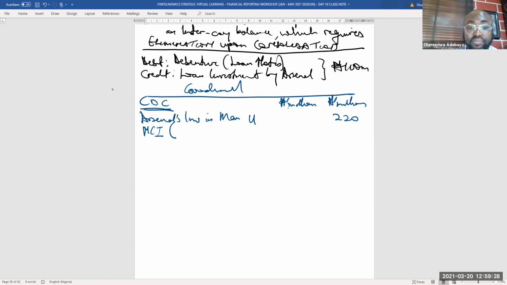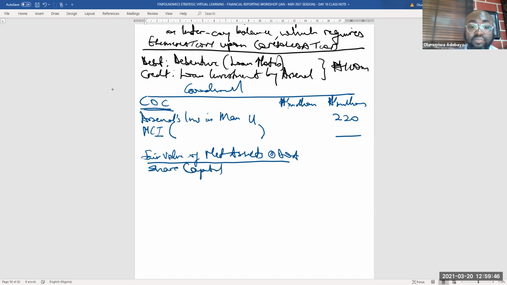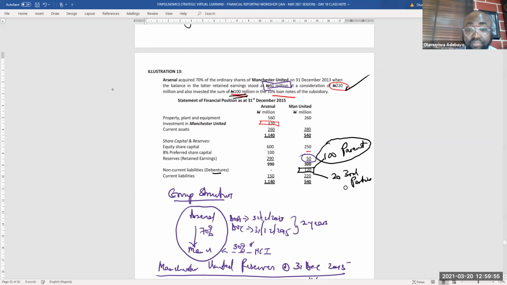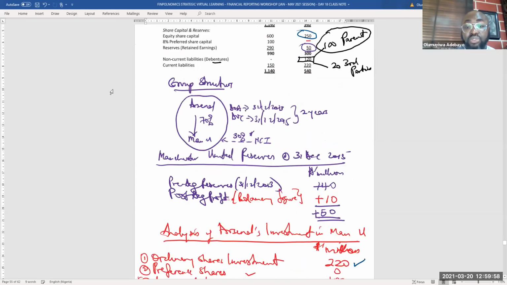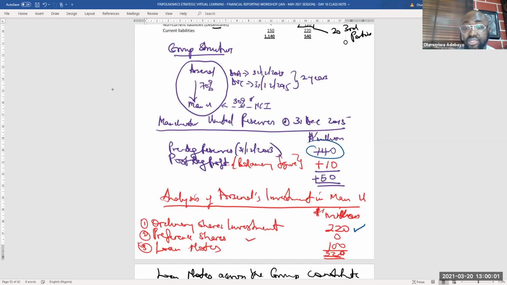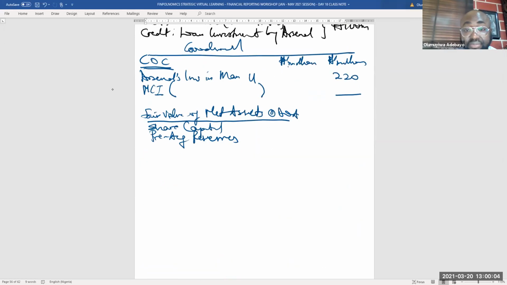NCI. Fair value of the identifiable net assets as at date of acquisition: share capital and pre-acquisition reserves. What is the share capital? 250. What's the pre-acquisition reserve? 40. 250 and 40. That gives us 290.